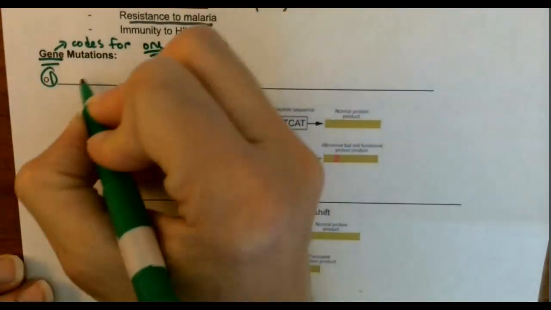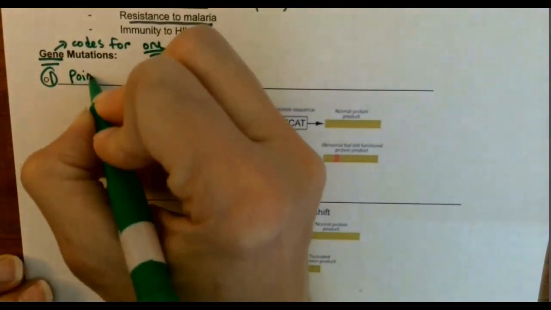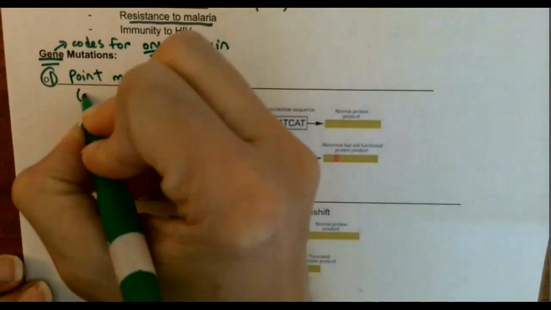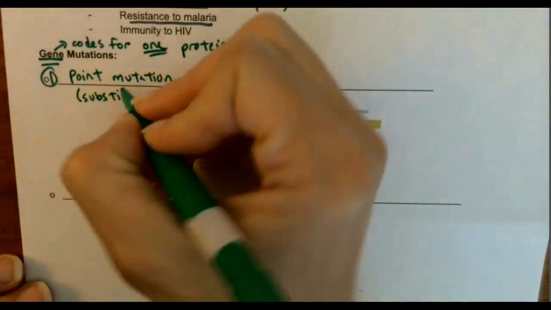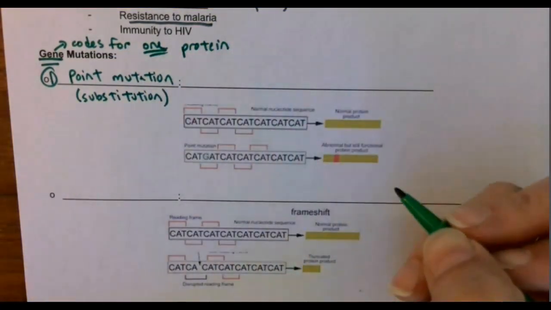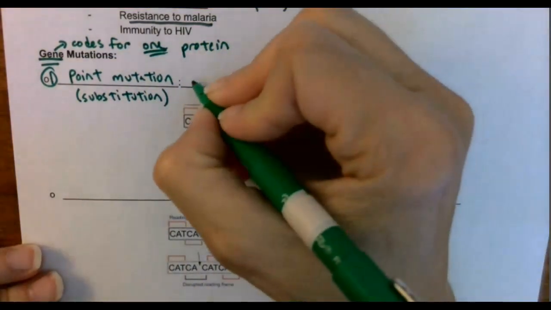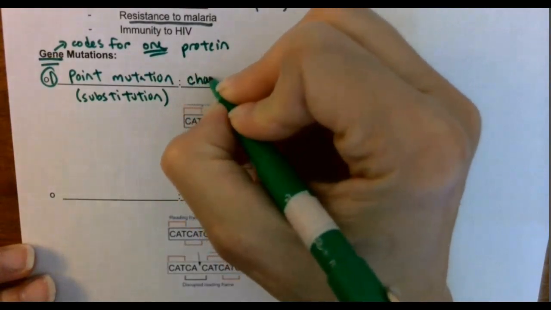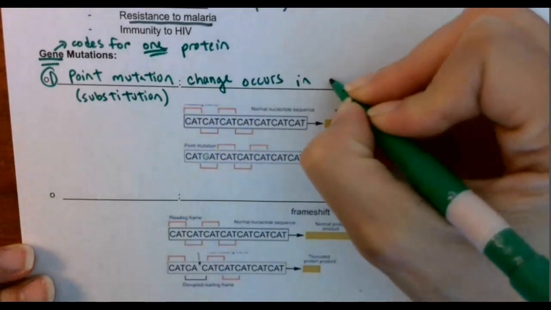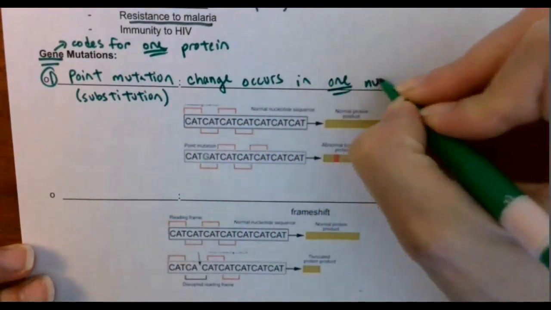The first type is called a point mutation. It can also be called a substitution mutation. A point mutation is when a change occurs in one nucleotide.